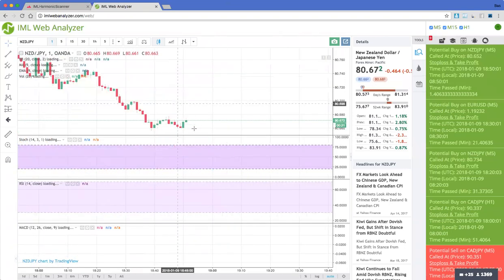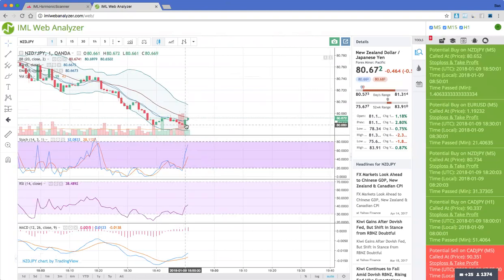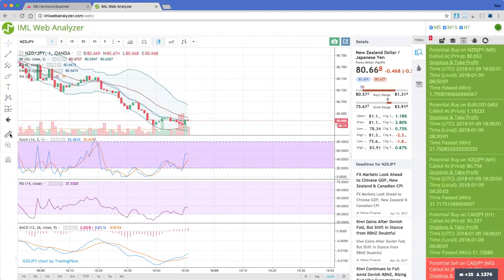So if I even put it on the 1 minute, you see here, this is when the web analyzer gives us the ka-ching, and hop, there it goes. It's a very small one. We are just looking for 5 pips. I don't actually know if this is showing me in points. Yeah, it's showing me in points.